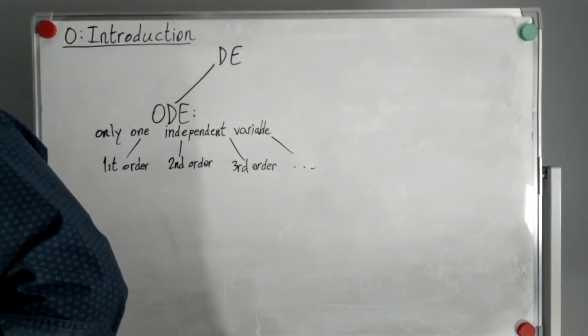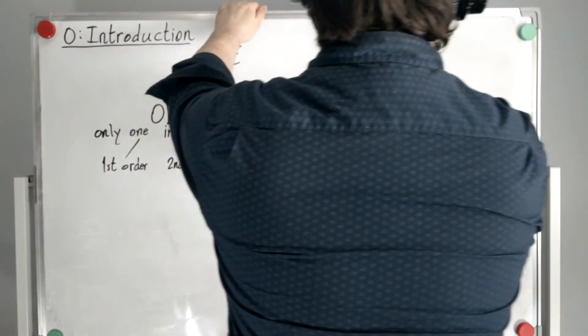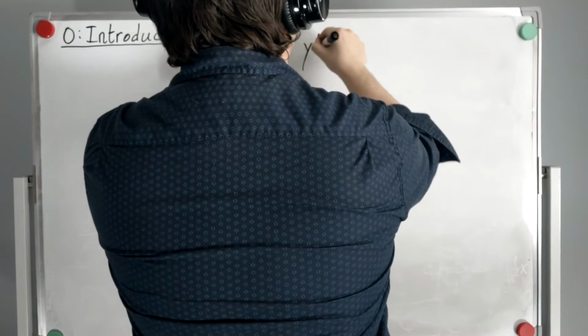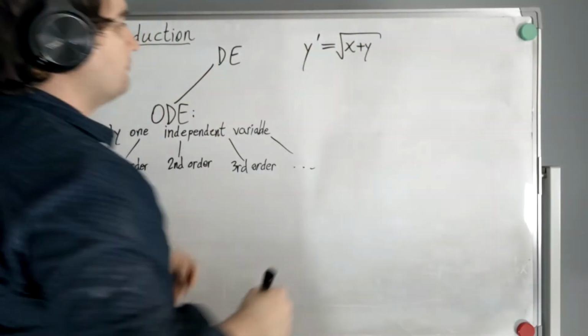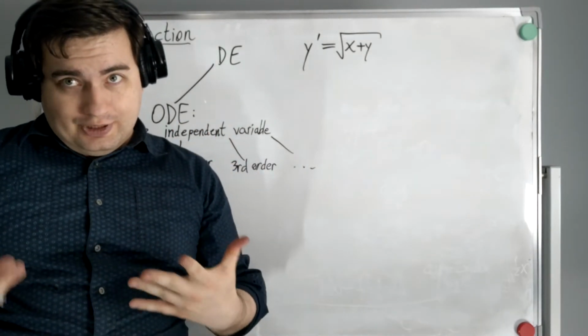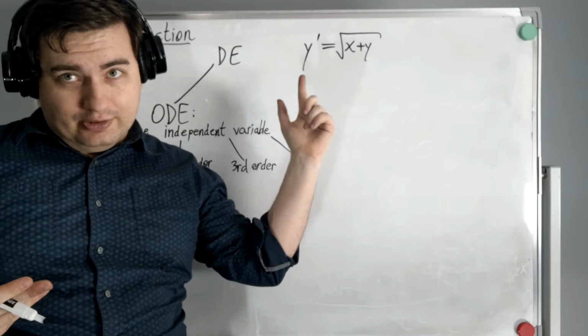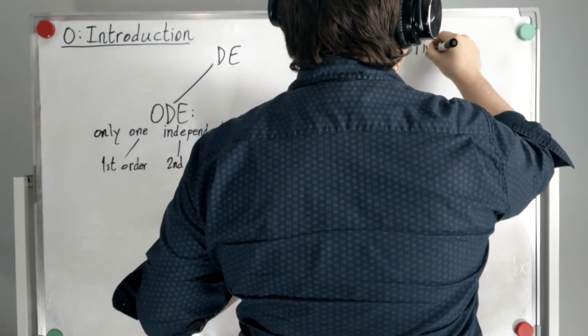Okay. So what I mean is, just giving some examples here. y prime equals the square root of x plus y. The highest derivative being taken in this equation is a first derivative on the left-hand side. So this is called a first order equation.